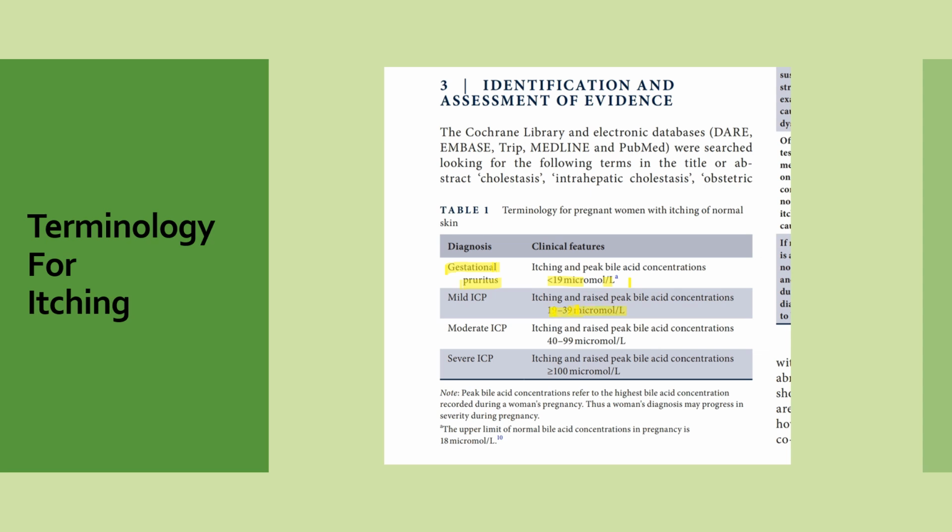And how can we classify ICP? Mild ICP, moderate ICP and severe ICP. In mild ICP, the bile acid concentration is 19 to 39 micromole per liter. Moderate ICP, if the bile acid concentration is 40 to 99 micromole per liter, and severe ICP when the bile acid concentration is at least 100 micromole per liter.